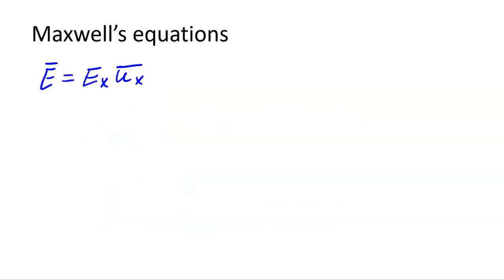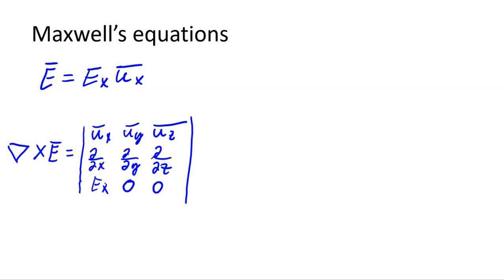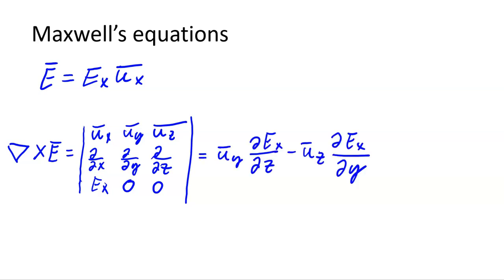Let's take an example. We have an electric field that has only the EX component along the UX unit vector. Then we can write the curl equation of the electric field, and here we multiply the components from here to here, which is 0, along the unit vector in y direction.